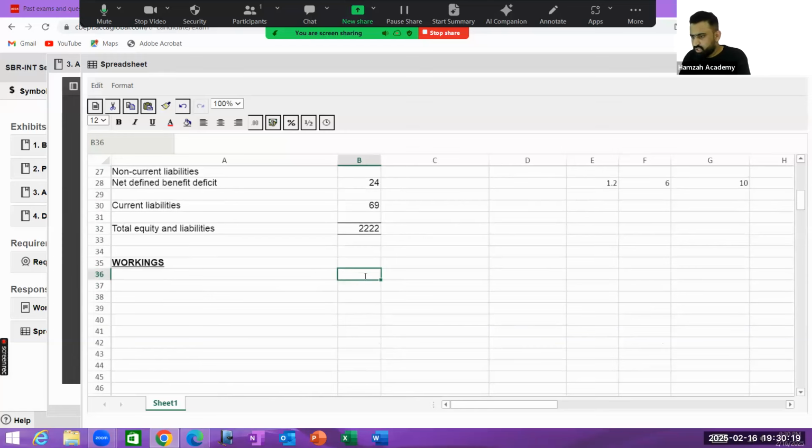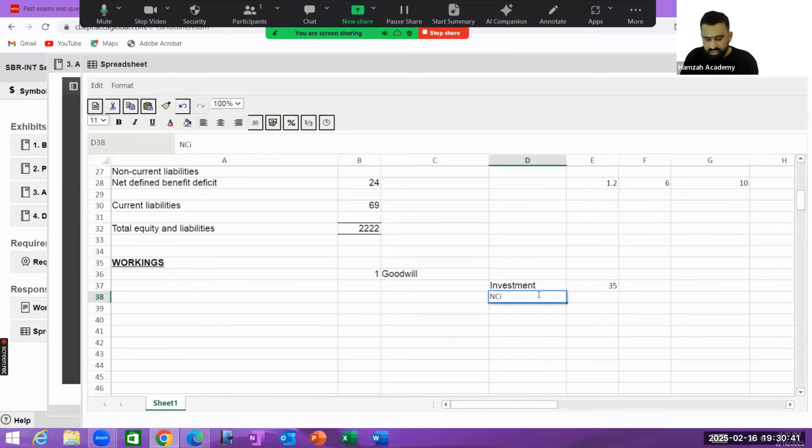So this is a working, and that working is relating to, let's say, goodwill. Now, in goodwill, you need, first of all, the investment. And for investment, you have 35. Then you need to consider the fair value of NCI.